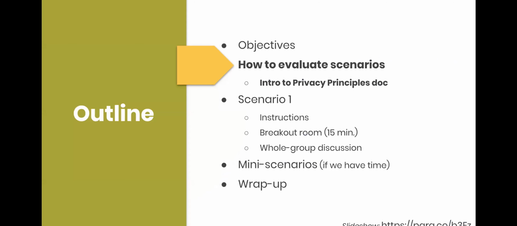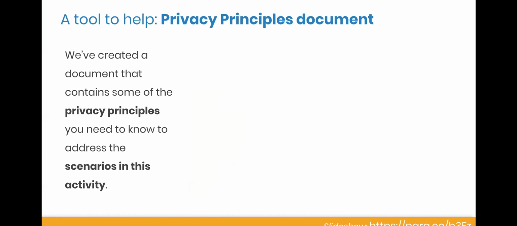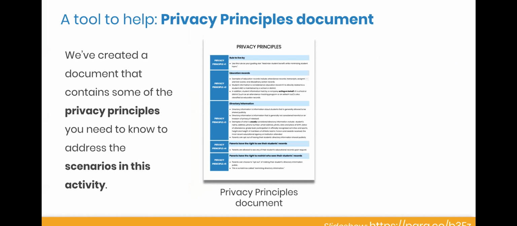All right, so let me give you an intro to this document that you're going to be using as a part of the activity. This document doesn't contain all of the different concepts that are included in the privacy world. However, we've put a few in here that are specifically applicable to the scenarios that you'll see today. And so your task will be to use this document in combination with your own reasoning to evaluate the scenario, rather than just trying to go based on memory necessarily or your gut feeling.